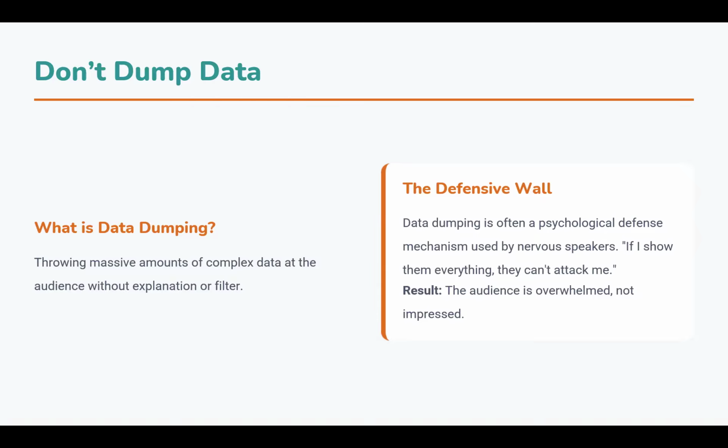So what is the defensive wall that you can use, right? This is a psychological defense mechanism used by nerds, because you often think that if I show them everything, with many things and lots of data in hand, you can simply amaze them. But actually, the result is your audience is going to be overwhelmed. They are not impressed. They are actually depressed by receiving lots of information on which you have no filter or explanation. So keep the defensive wall.